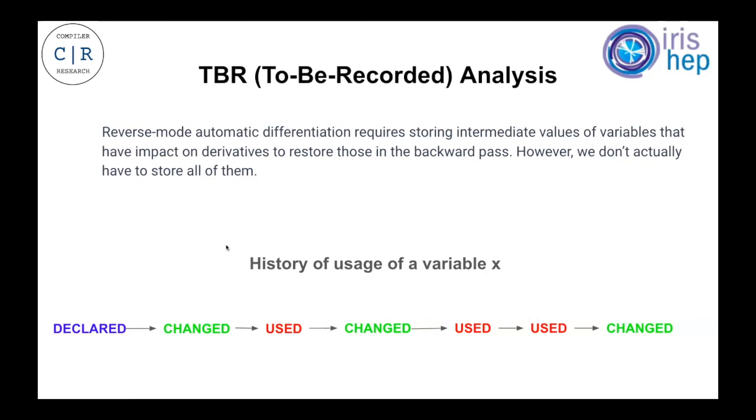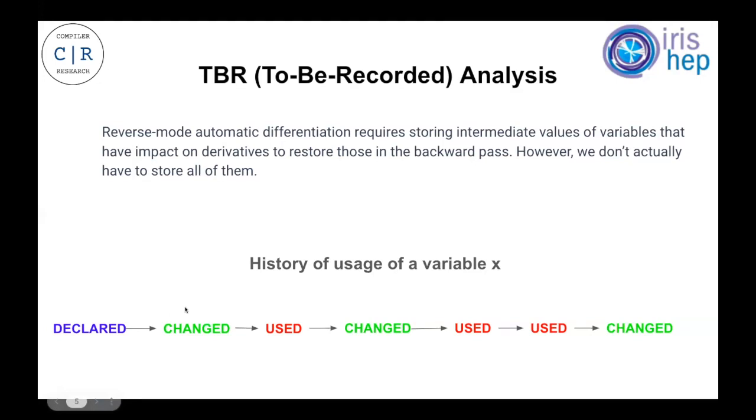On this diagram, let's say we have some variable x. First we declare it, then we change it in some way, with some assignments, and then we use it to compute other expressions and so on. Blindly, what we would do in automatic differentiation here is store that variable every time that we change it.